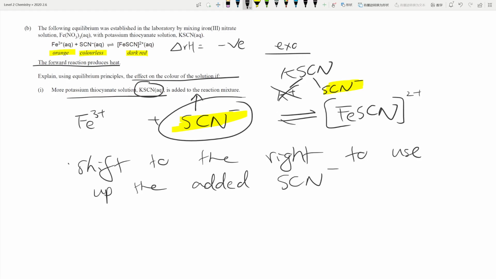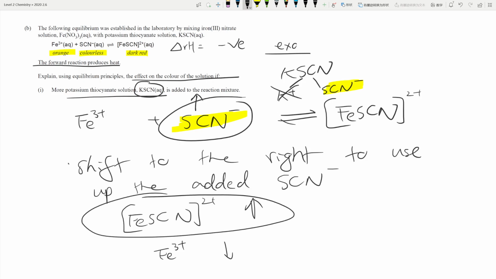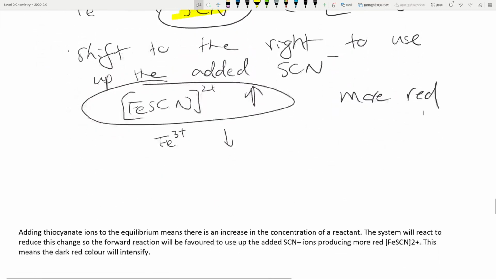As a result, the FeSCN2 plus concentration will increase, and the Fe3 plus concentration will decrease, and the SCN minus will probably decrease a little bit compared to how it was. Therefore, you have more FeSCN2 plus, therefore it's going to be more red. All right, so that's just Le Chatelier's principle.